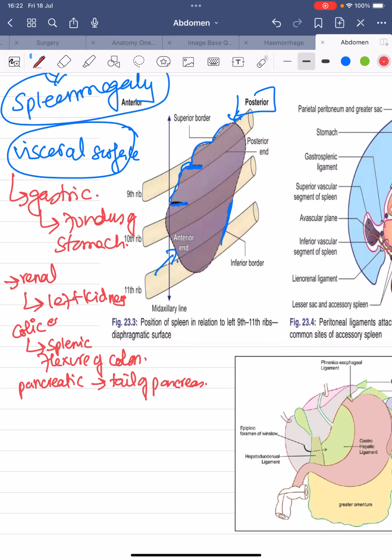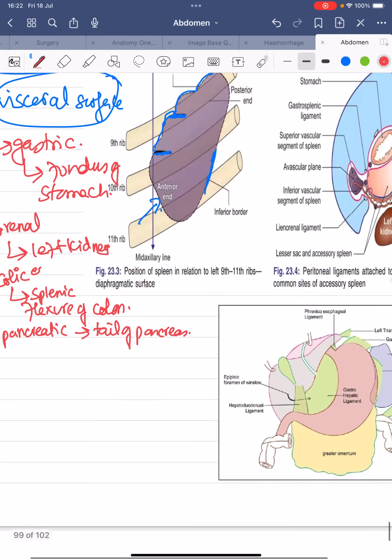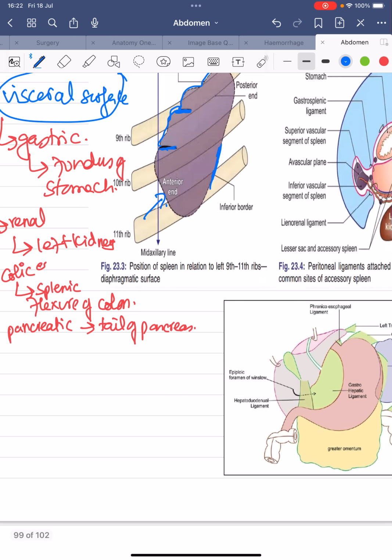Now coming to the ligaments of the spleen. The ligaments of the spleen are very, very important. You must remember 3 ligaments of the spleen. What are the 3 ligaments? Number 1, gastrosplenic ligament.